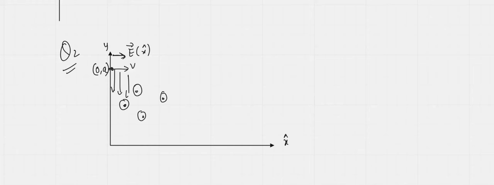So what happens is, it moved this way and came to this point, something like this. So when it came out, it directly came at 90 degrees, with the velocity 2 times v. What's the coordinate? 2a, 0.